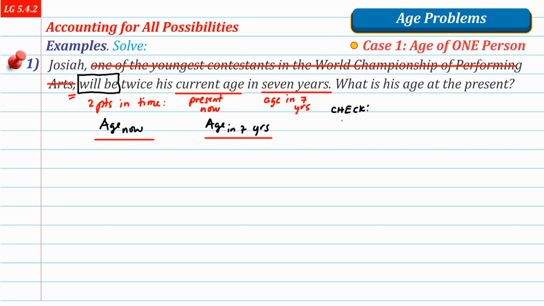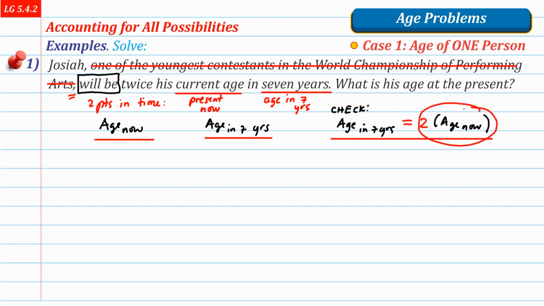That means, yung age ni Josiah in 7 years will be twice age now. So, yung age ni Josiah in 7 years will be twice his current age. Twice yung age now. Do you agree?